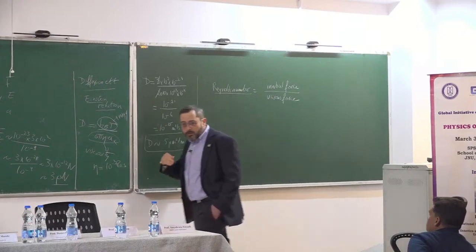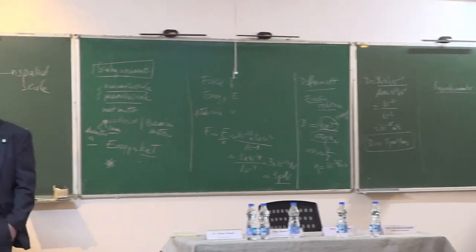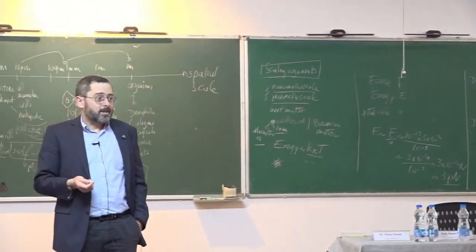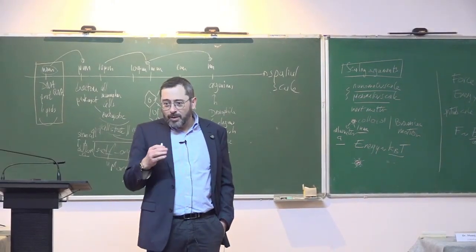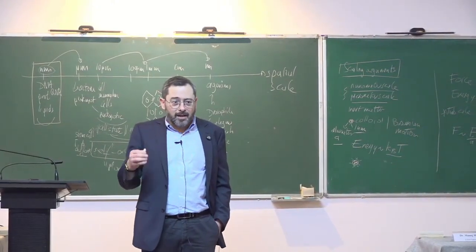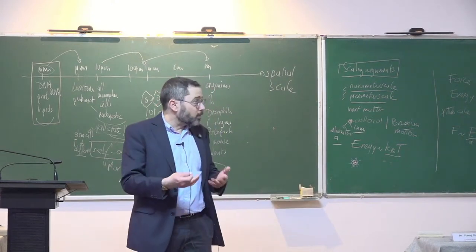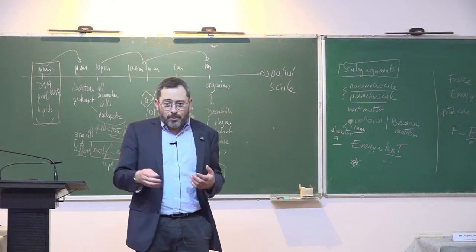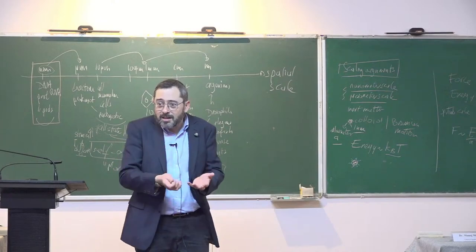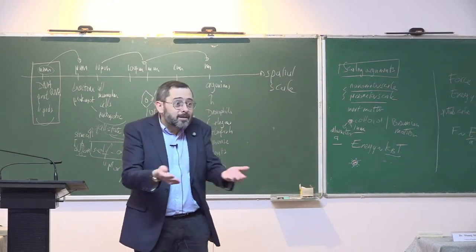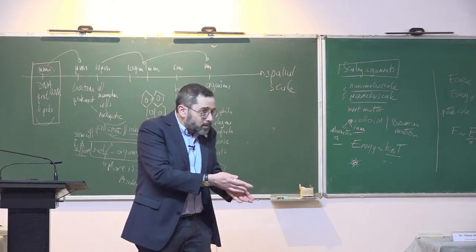So since it's a ratio of force over force, it has no unit. So it's very convenient. Why? Because if the Reynolds number is very large compared to 1, everything is dominated by inertia. If the Reynolds number is very small compared to 1, everything is dominated by viscosity. So basically, it's a way to fairly estimate whether you are in the presence of inertia or in the absence of inertia.